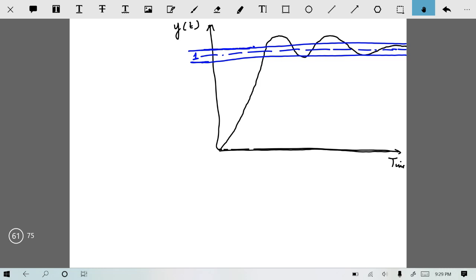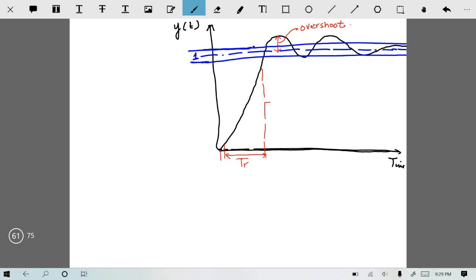So this is an overshoot, and this is a rise time.